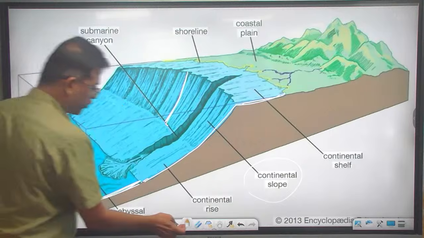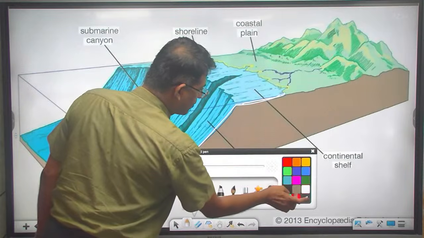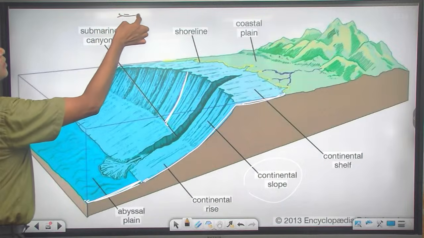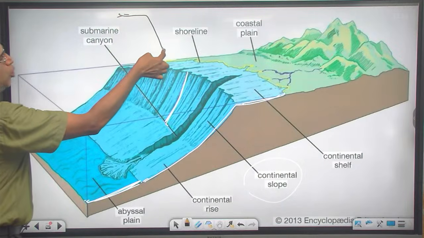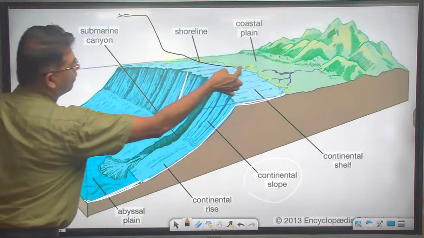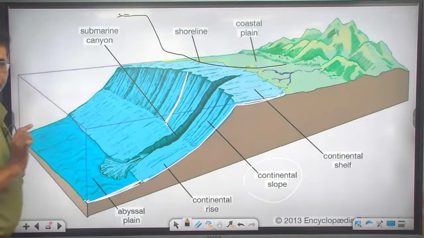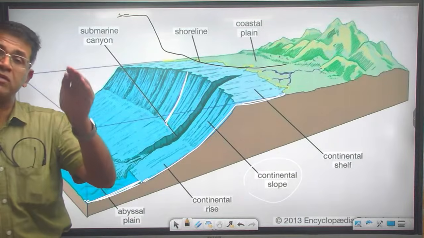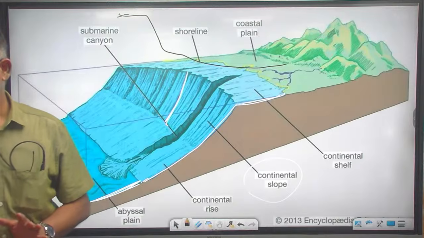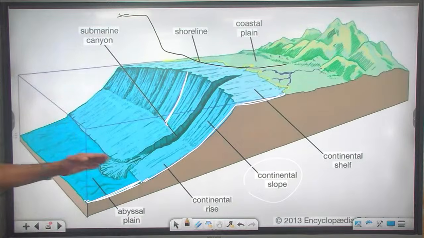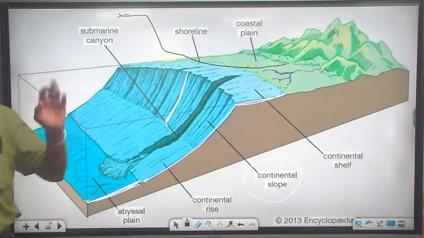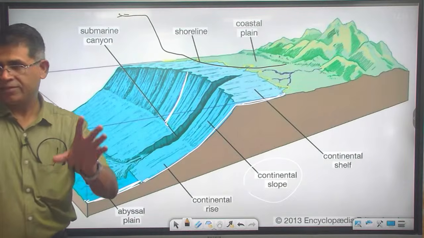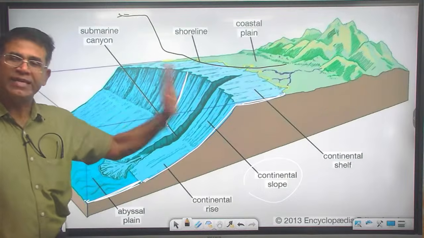So we have the shelf, the slope, the transition, and then the abyssal plains. The abyssal plains make up, I said, 75-80% of the ocean floor. The rest is part of the shelf and the slope. But otherwise, if you talk about hardcore ocean crust, it is the abyssal plain.